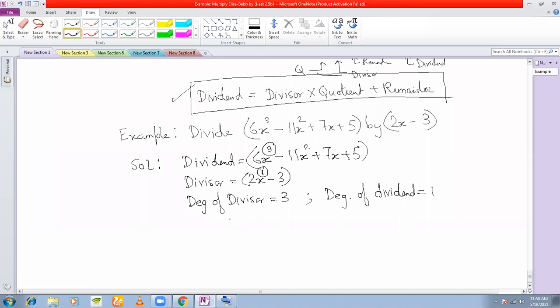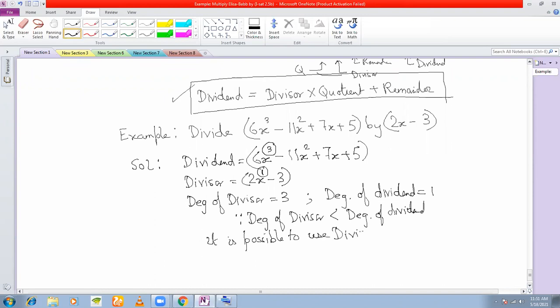So what you see here is, since the degree of the divisor is less than the degree of the dividend, it is possible to use division method. Now, what is division method? I'll explain to you. Okay.